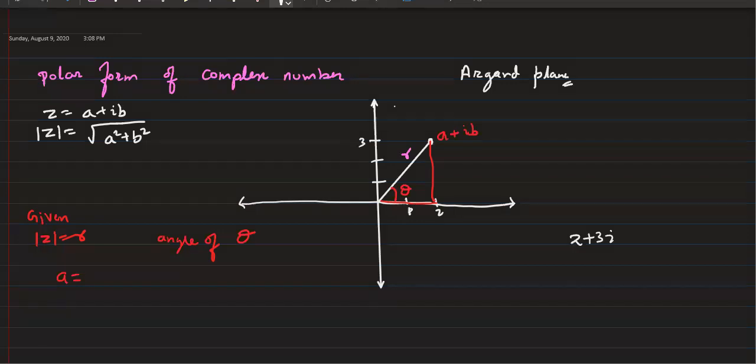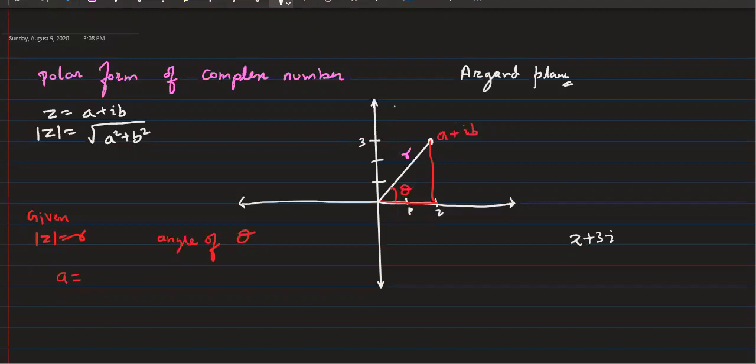So I'm giving you the length of this vector, or the magnitude of this complex number. Magnitude of complex number is the hypotenuse. And I'm asking you to find a and b, which is real part and imaginary part.